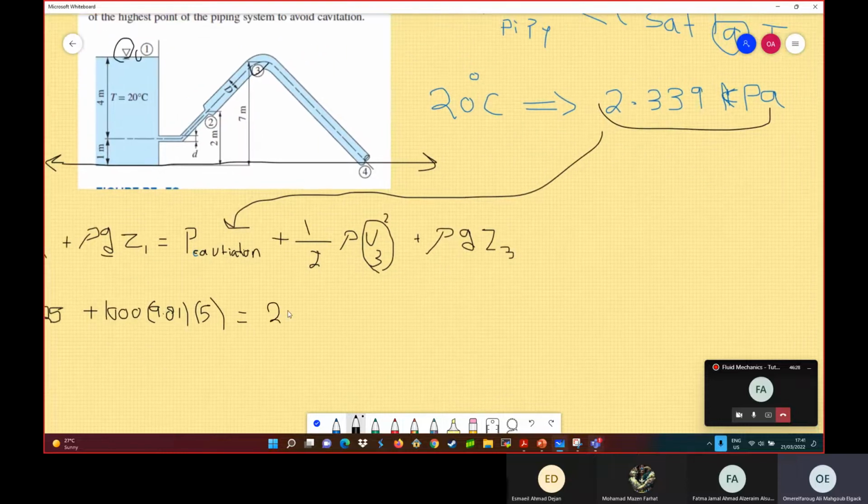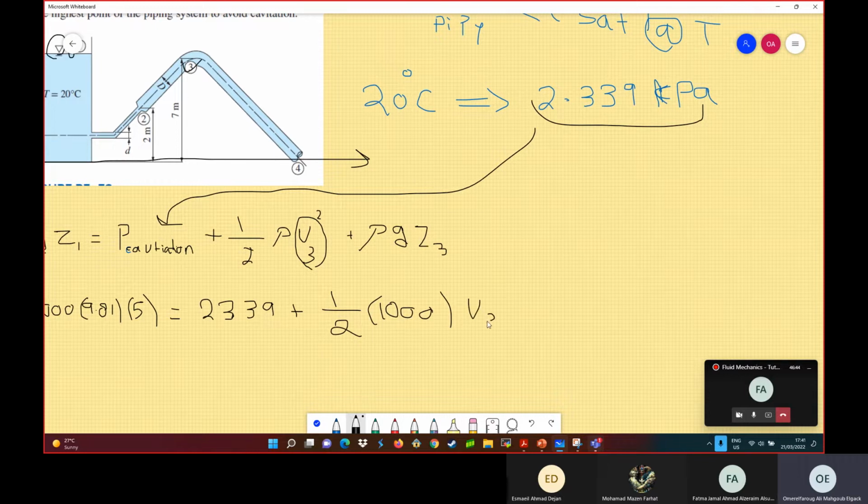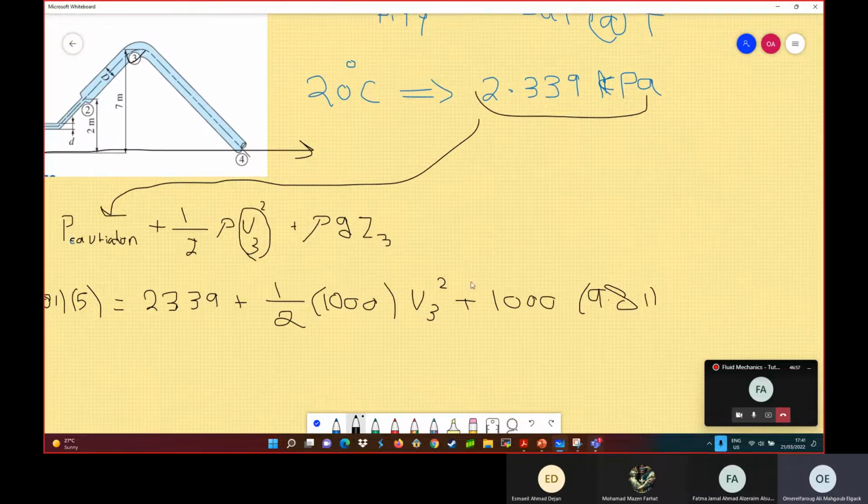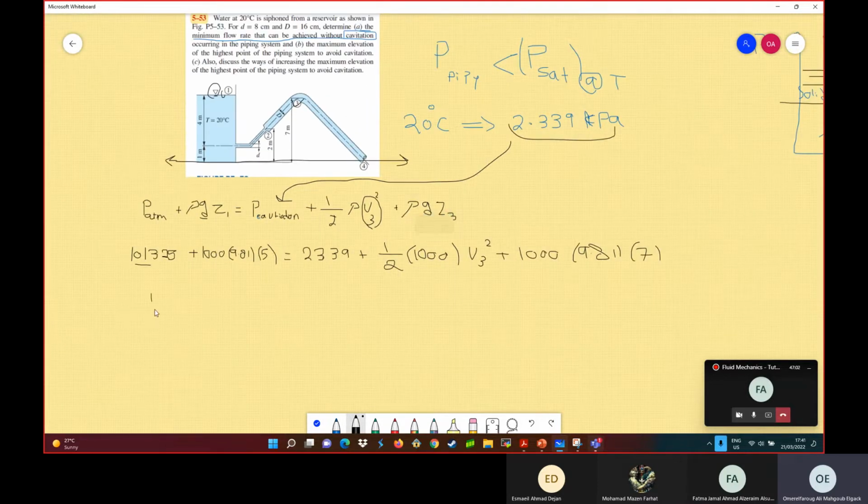So we have 2,339 Pascal, plus half times 1,000 V3 squared, plus 1,000 times 9.81, and then you have Z3 equal to 7. So V3 is equal to, let me calculate it first.